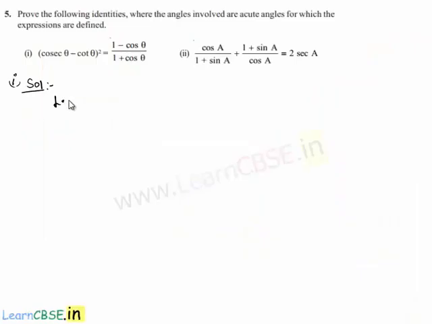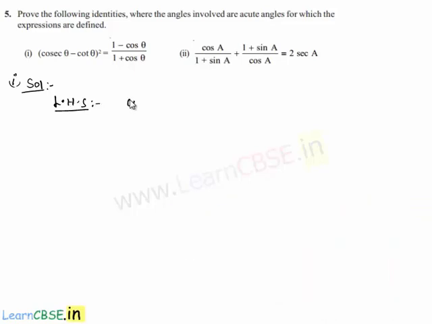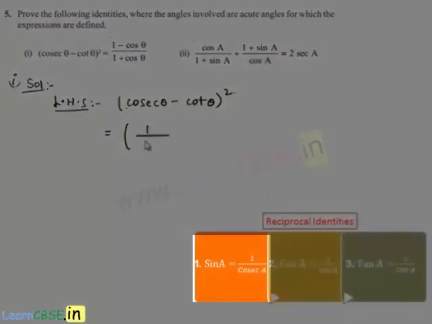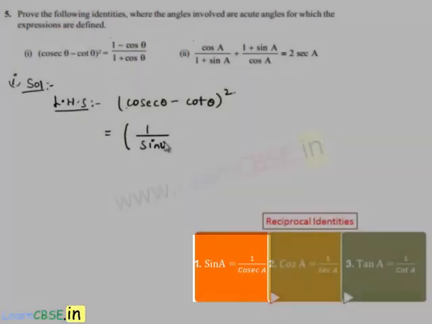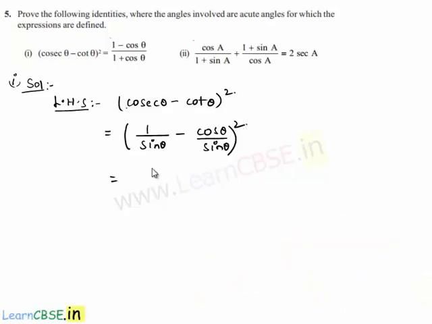Now let us initially consider the left hand side, that is cosecant theta minus cot theta whole square. So let us equate it to cosecant theta can be written as 1 by sin theta minus cot theta can be written as cos theta by sin theta, and here whole square remains same.